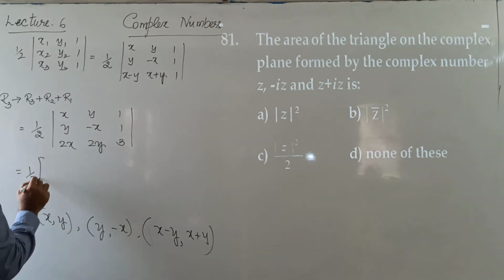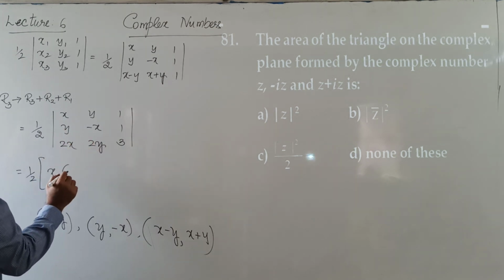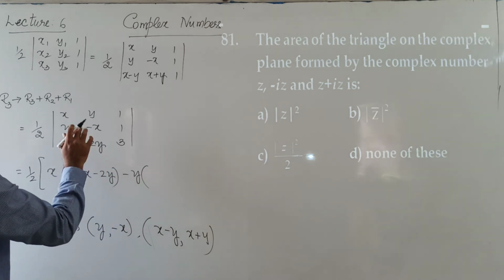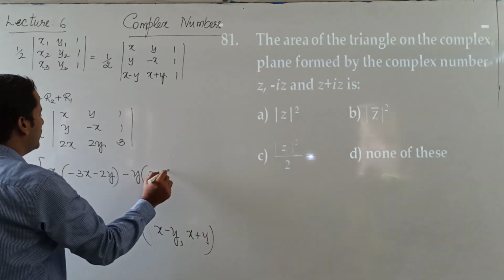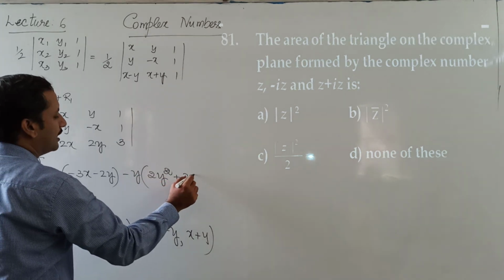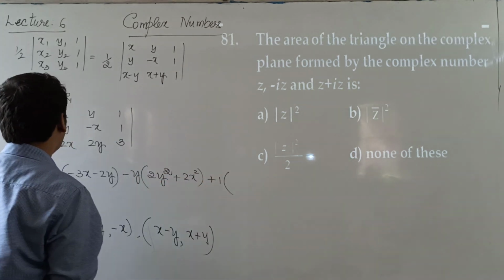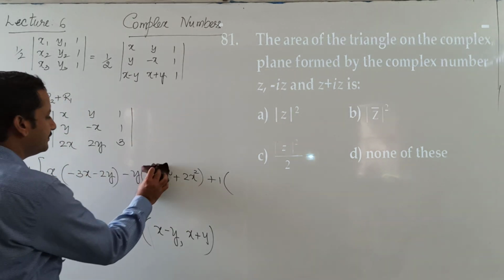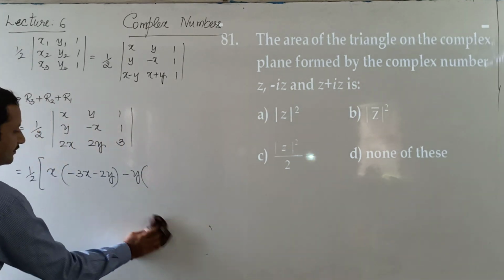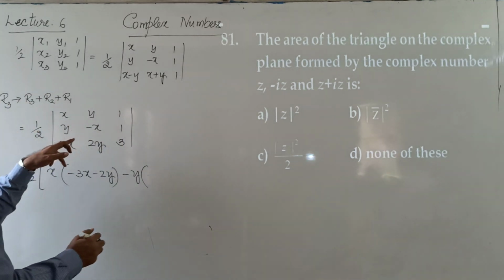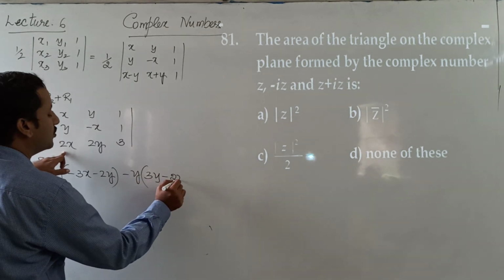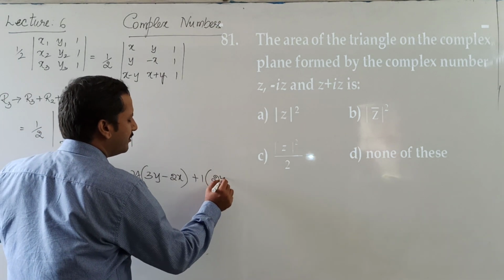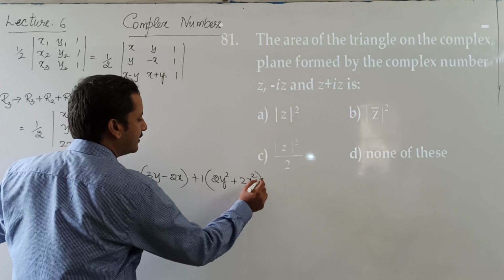That's equal to 1 by 2 into, expand this, x into minus 3x minus 2y, minus y into 2y square plus 2x square, plus 1 into, sorry, I made a mistake here. Minus y into 3y minus 2x, plus 1 into 2y square plus 2x square.